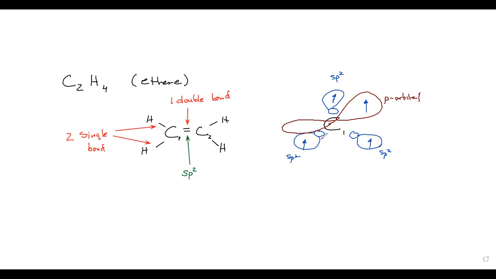So you can imagine that each hydrogen is going to bond with one sp2 hybrid orbital. Let's imagine the hydrogen atom, which is, remember, an unhybridized s orbital. I'm going to draw this here real quickly. Let me move this to the side really quickly so I can show you this. So we have a hydrogen atom.